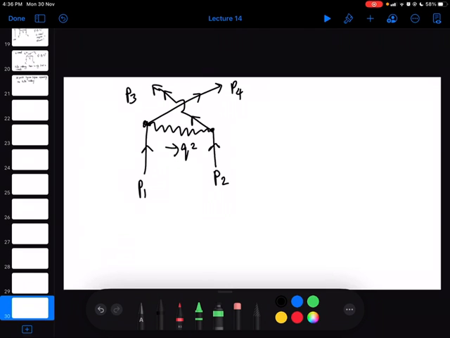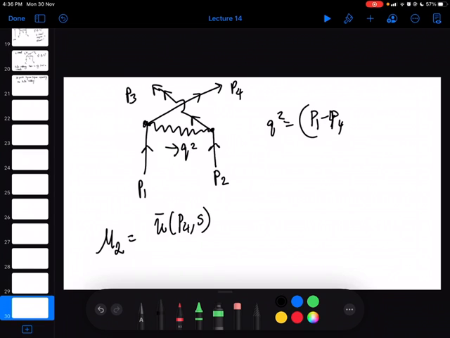So now I have the same vertex here, so I can write the amplitude M2 directly as equal to u bar P4 of s. Now q square is equal to what? P1 minus P4, that is equal to P2 minus P3.